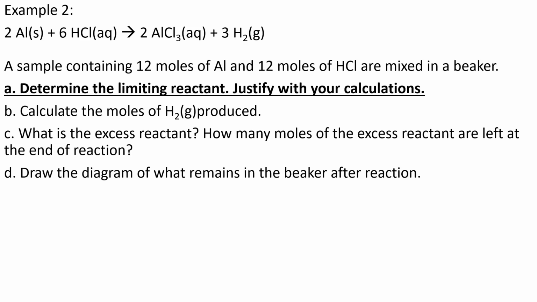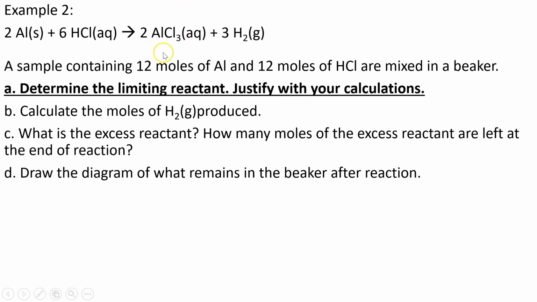12 moles of aluminum over 2 moles of aluminum. Now I want to find the limiting reactant because I have two different reactants. They're both on the reactant side. I've got two amounts of reactants given. We want to know which one's going to run out. That's our limiting reactant.